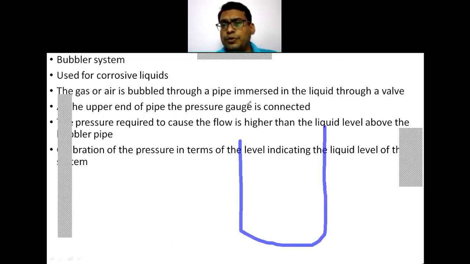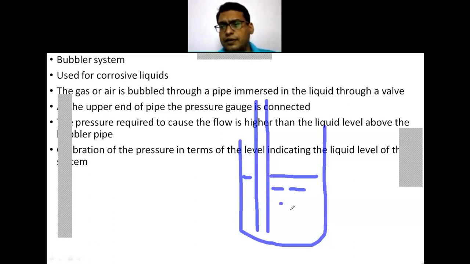The tube that is connected here up to the bottom, and through this tube the air bubbles, air that is compressed. Now depending on the liquid level inside the tank, there will be a generated back pressure.